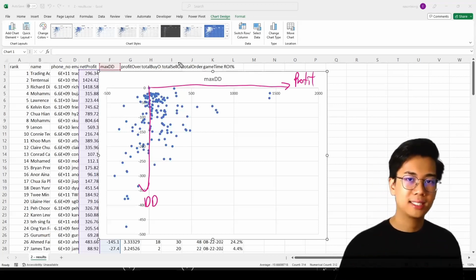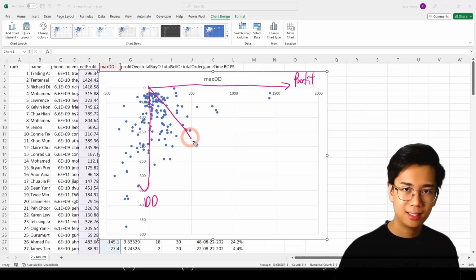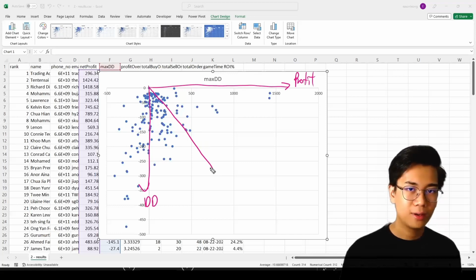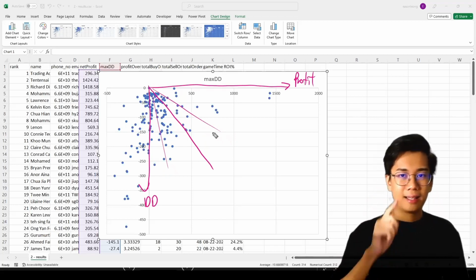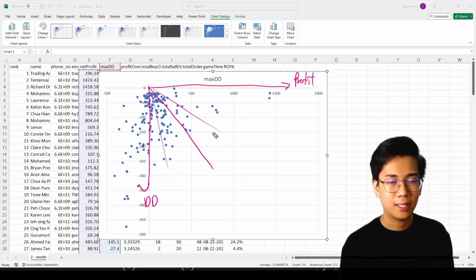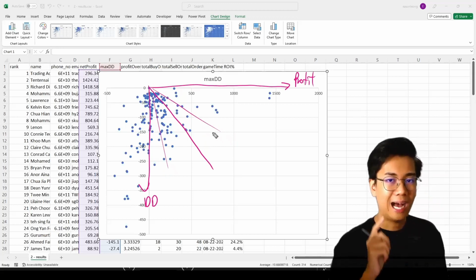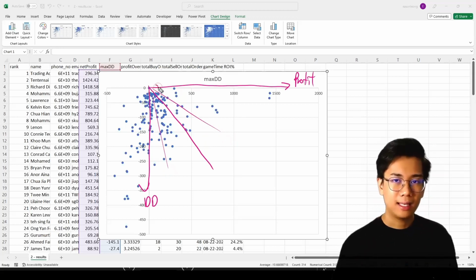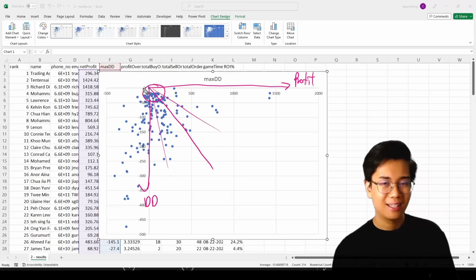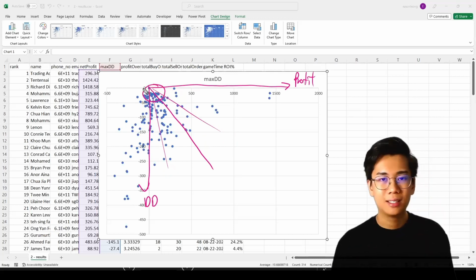You will start to realize this is a linear relationship, or at most like this. What does that mean? The more profit that you make, the higher the chance that you will be in drawdown. The less profit that you make, the less drawdown that you're going to incur.